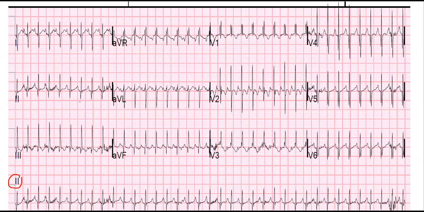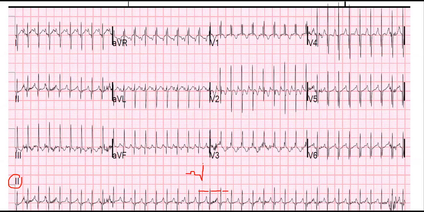So if you see here, first of all, how to find out the rate in an ECG? Do we need to exactly calculate the heart rate in ECG? No. You just need to give an approximate value. That's more than enough. So this is the RR interval.